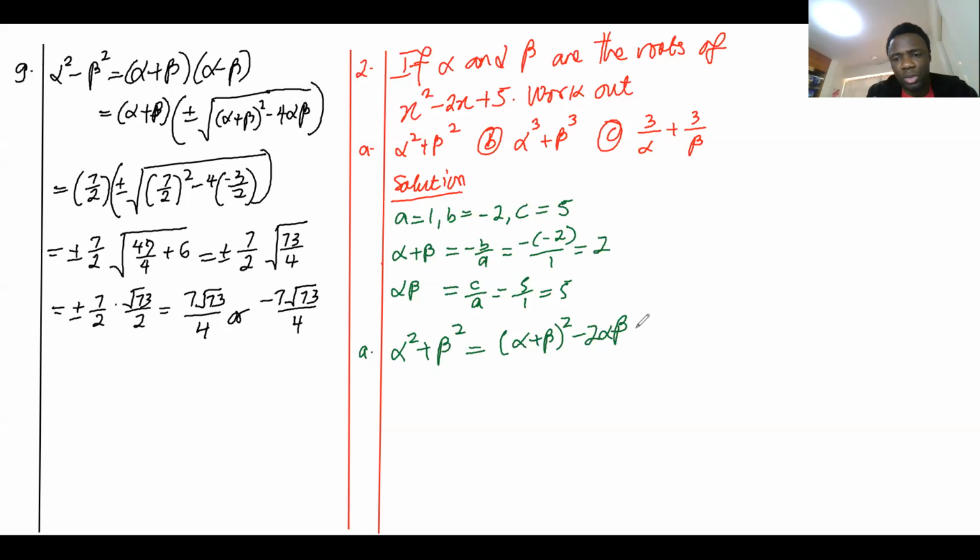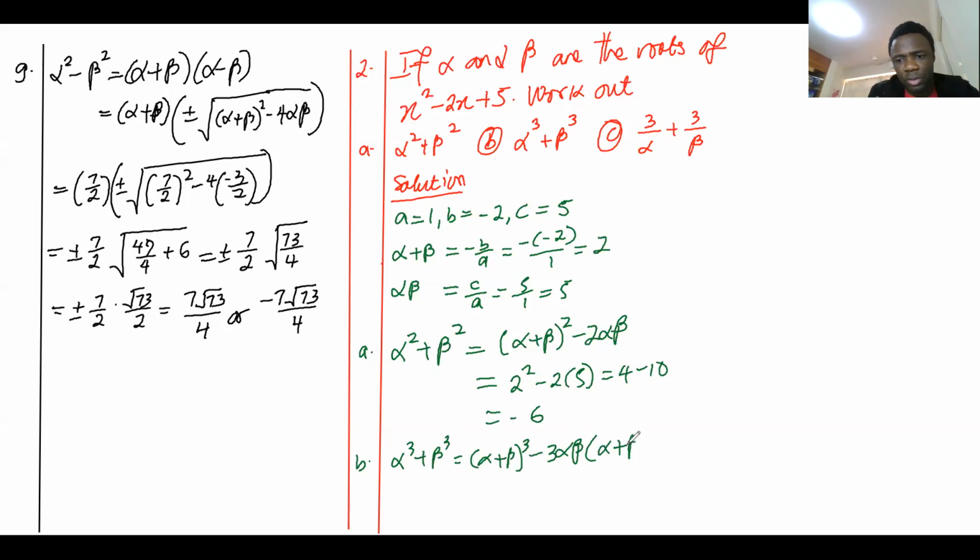So then we substitute what we have. This is going to be 2 squared minus 2 times 5. That's going to be 4 minus 10, which is -6. And this is what a lot of you have done. Alpha cube plus beta cube will be alpha plus beta, all cube, minus 3 alpha beta into alpha plus beta.